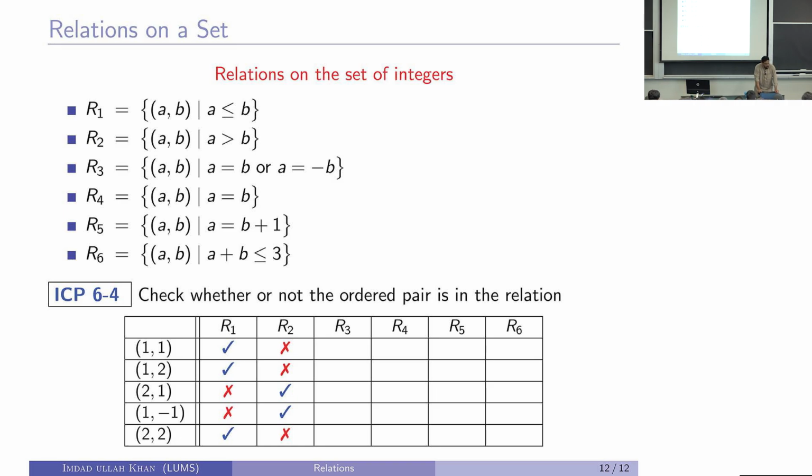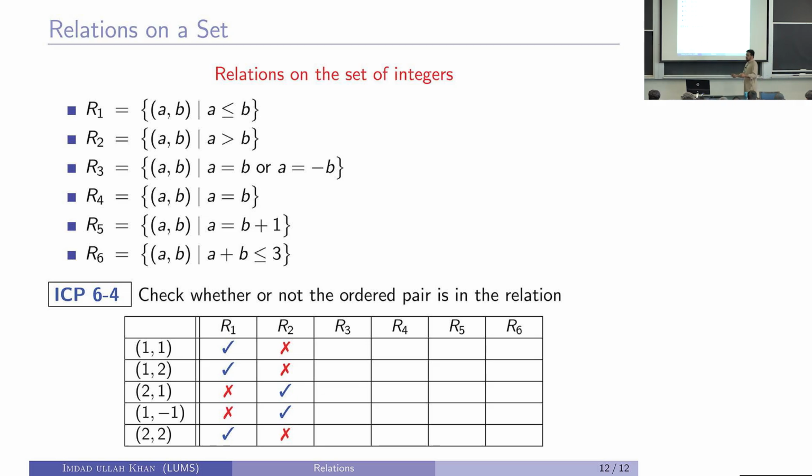Is 1 2 an element of R2? No, because 1 is not greater than 2. Is 2 1 an element of R2? Is 1 negative 1 an element of R2? Is 2 2 an element of R2?